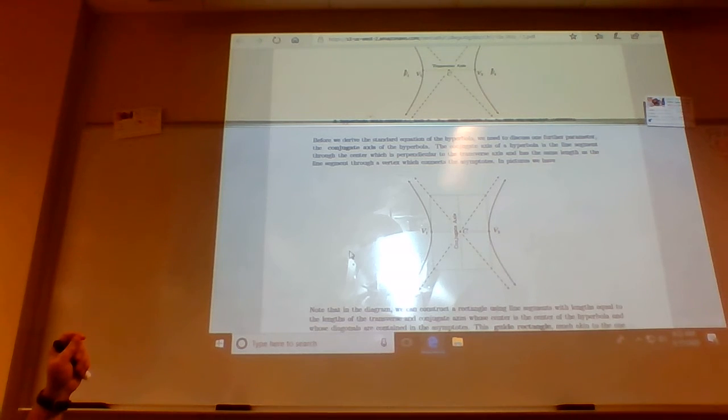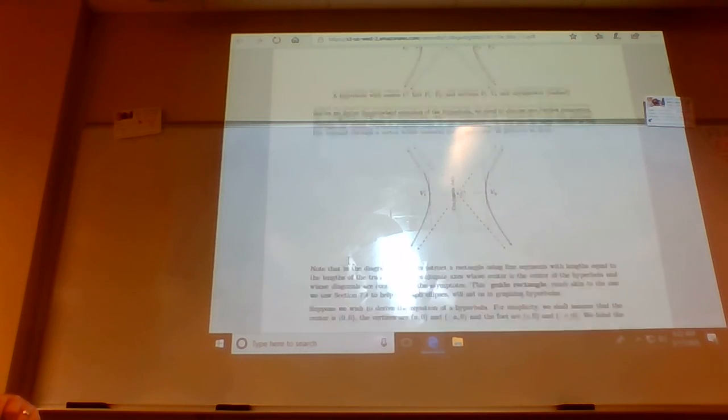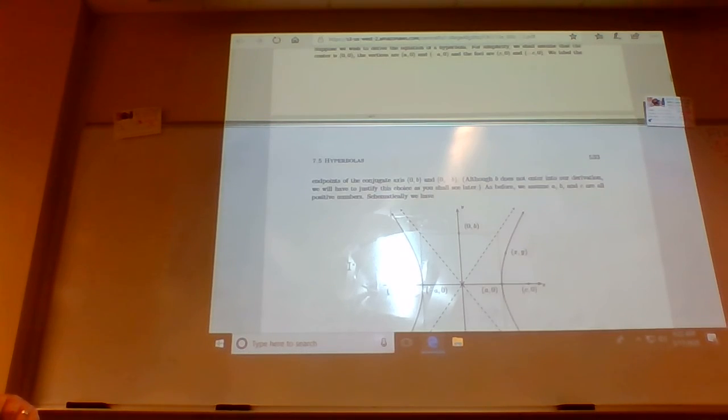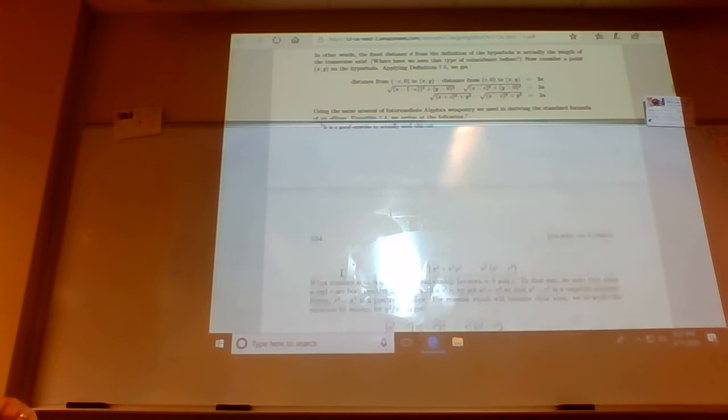And what you do is you figure out what that rectangle must be from what your axes are, and then it becomes a guide rectangle, in that you draw through the corners, and those produce asymptotes that those lines can't cross. They get very close to but can't cross. So these are issues that are handy to have.